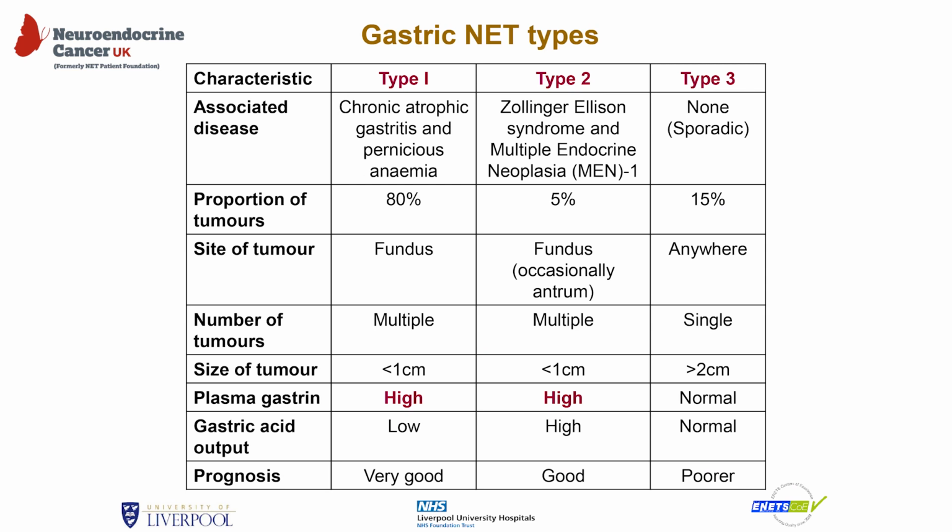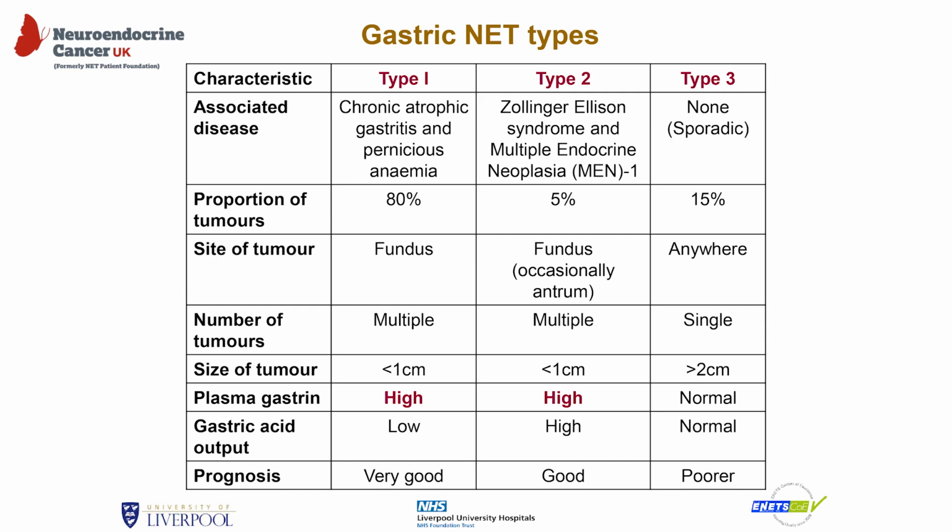This slide shows some more details about these types of gastric NET, and this slide is a bit busy, but we'll go through it systematically. So in the first column, we talk about type 1 gastric neuroendocrine tumours. As I've said, these are associated with atrophic gastritis and pernicious anemia. Usually patients have multiple small polyps.